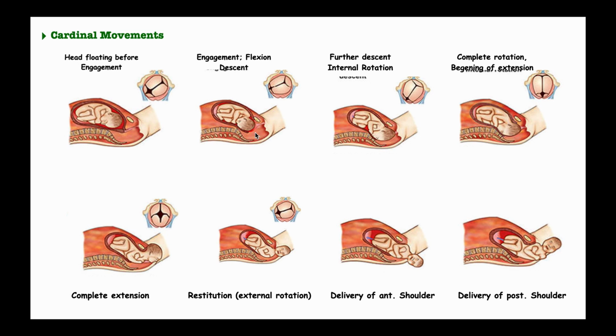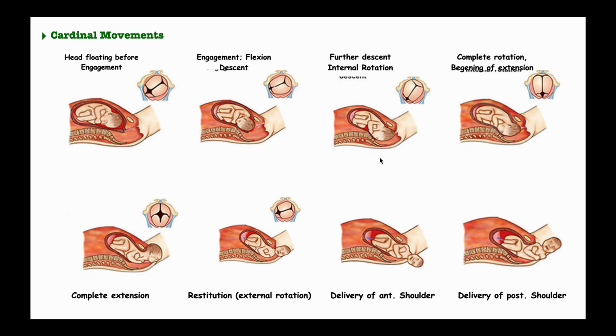And so the chin of the fetus is usually brought in contact with the chest, or the fetal thorax, and this presenting diameter changes from the occipitofrontal, which is 11 centimeters, to suboccipitobregmatic, which is 9.5 centimeters, and this allows for optimal passage through the pelvis.